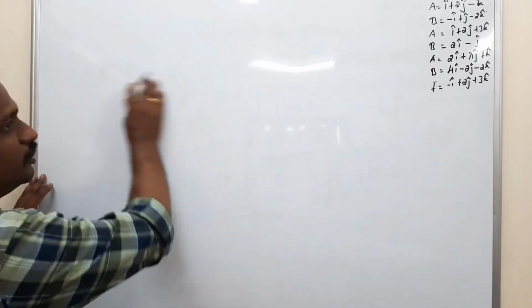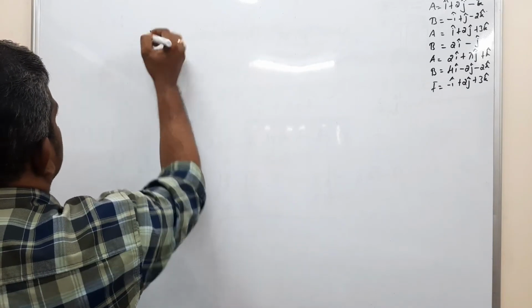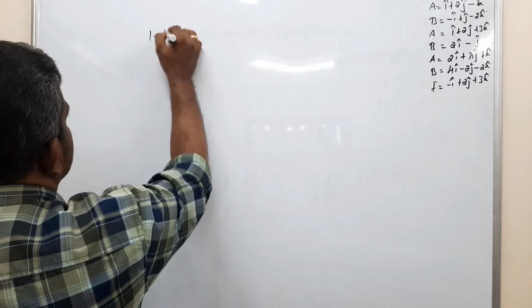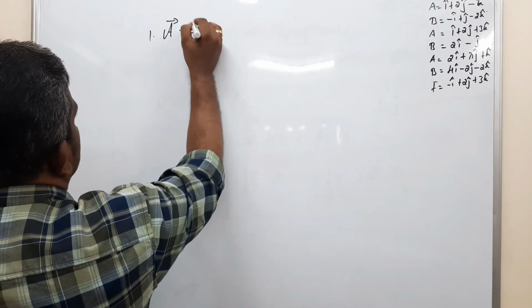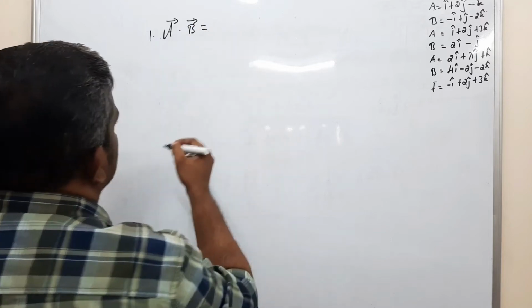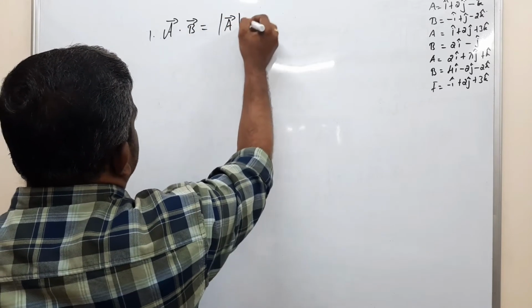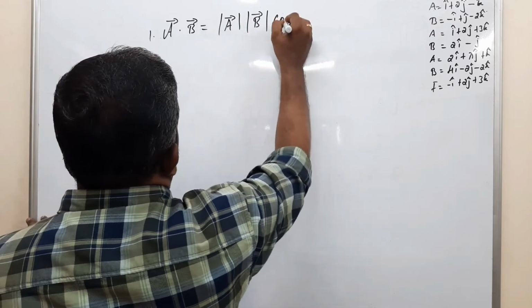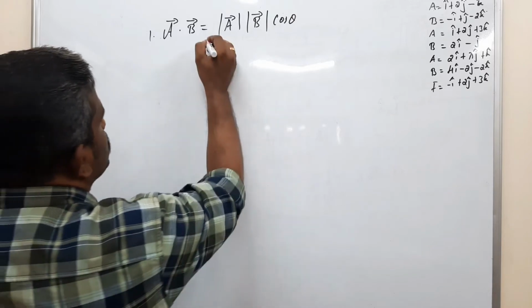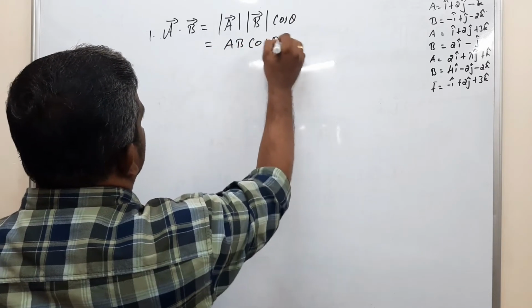First, dot product of vectors. Suppose there are two vectors, A vector and B vector. A vector dot B vector is equal to, what is the formula? Modulus of A vector, modulus of B vector and cos theta. That is, we can write AB cos theta.